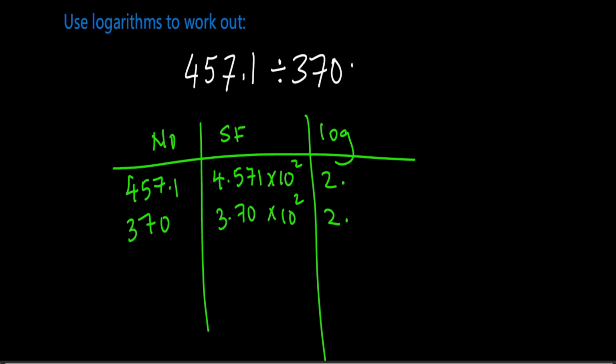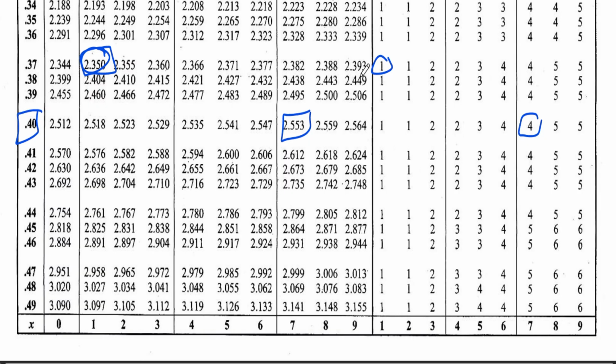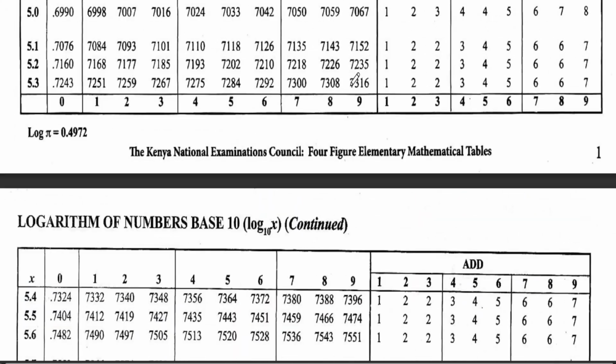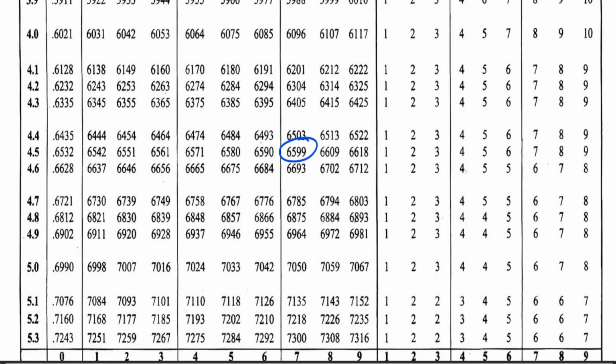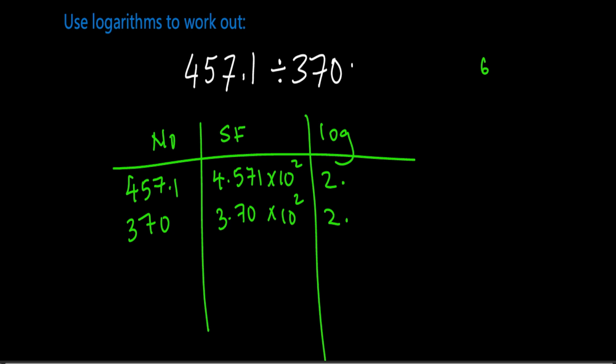Now what we need to do is simple: let's search for the log of 4.571. 4.57, this is 7 and 1. So 6599 add 1.